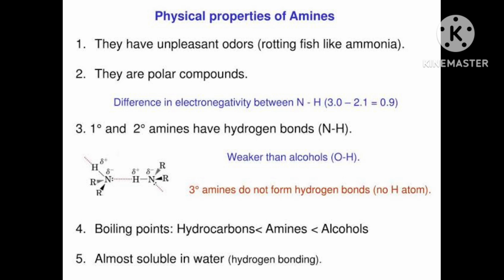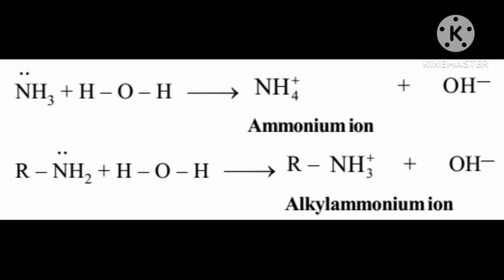Basic character: you know that any atom in a molecule, when it is in a position to donate electrons, particularly in amine, nitrogen has a lone pair of electrons and it can donate the electron to another atom. This tendency to lose or donate electrons to others is called basicity, basic character.